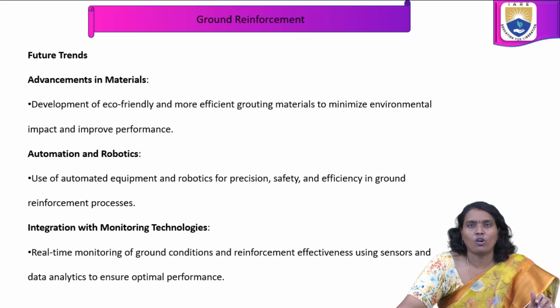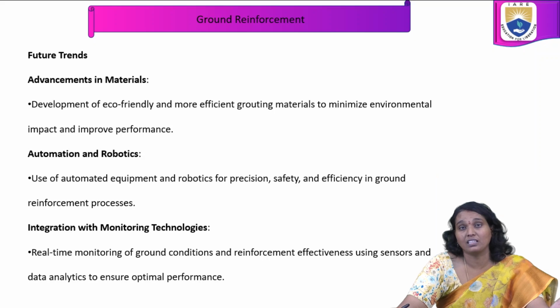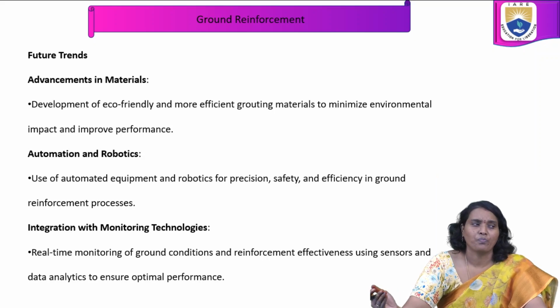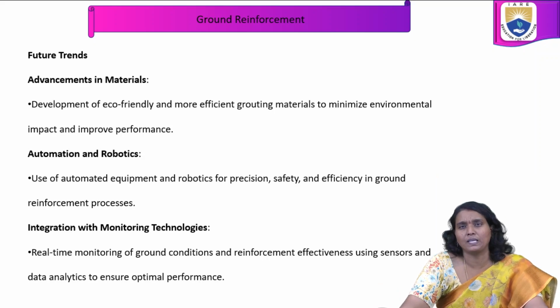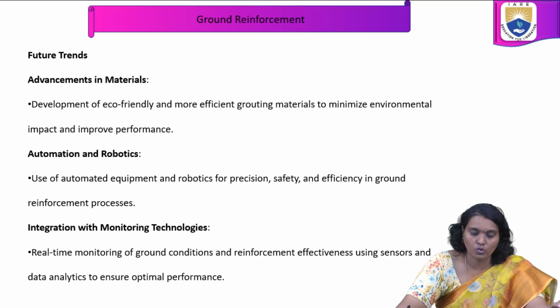In future trends, there are advancements in materials; we may use different kinds of materials, not only cementitious. We may use eco-friendly materials with very little environmental effect and improved performance.